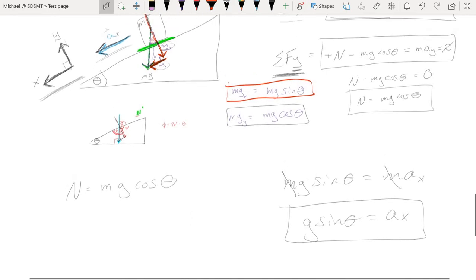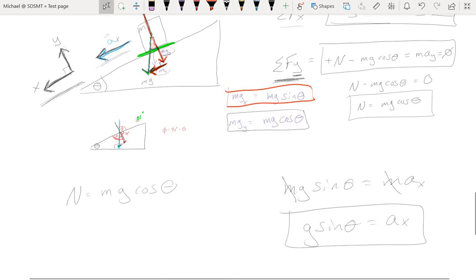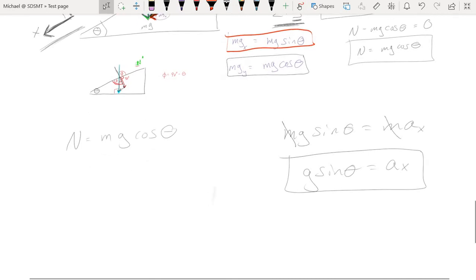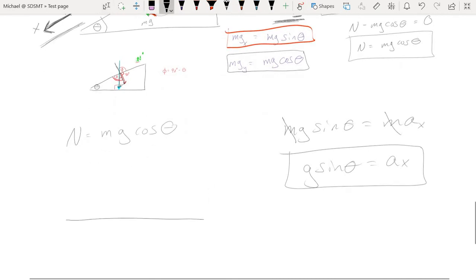And so if we were to bring theta down to 0, we would just be back on a flat horizontal surface, and we already know what the normal force for that situation is. We've already gone through that problem. The normal force would have to equal the magnitude of the weight.